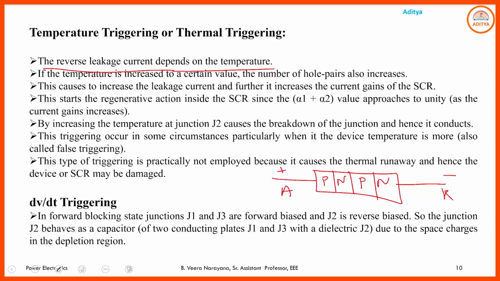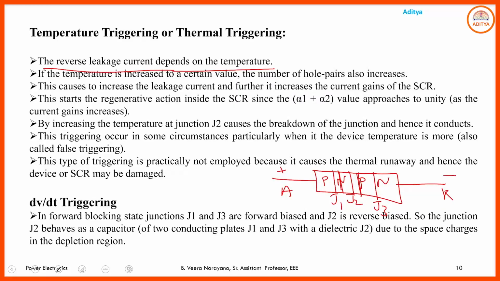Here, when the anode is made positive with respect to the cathode, the outer two junctions J1 and J3 are forward biased, but the middle junction J2 is reverse biased. Here the leakage current will be established across the junction J2. Due to that leakage current, the junction temperature increases.